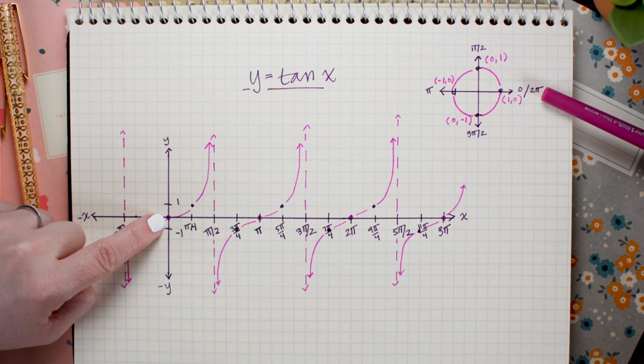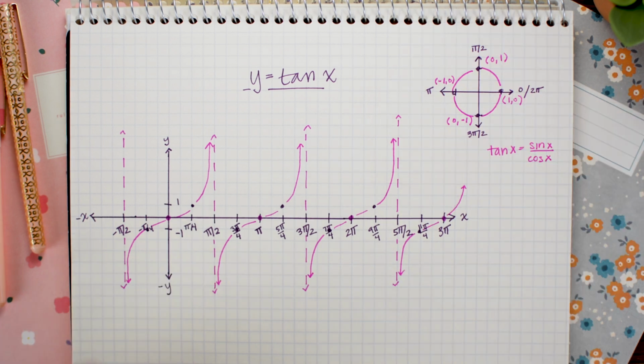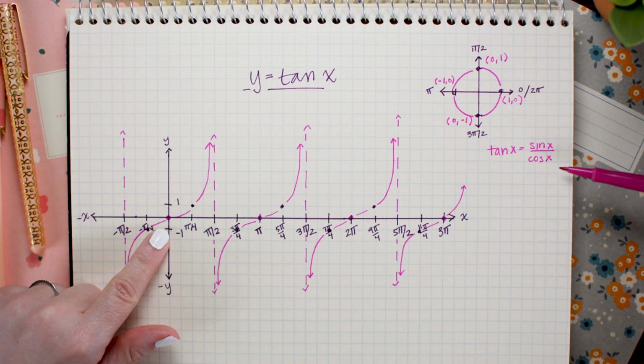If I check here, remember that tangent is sine divided by cosine. So in order to look at the unit circle and read off tangent, I need to take the sine value and divide it by the cosine value. Remember, the sine value is our y coordinate and our cosine value is the x coordinate.